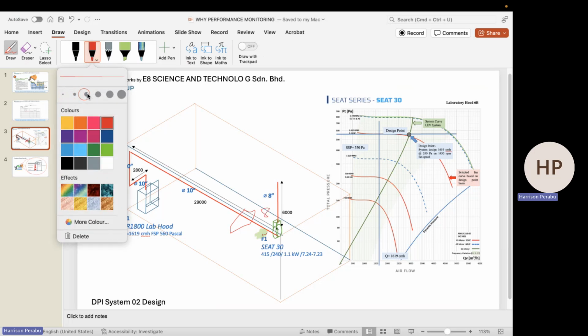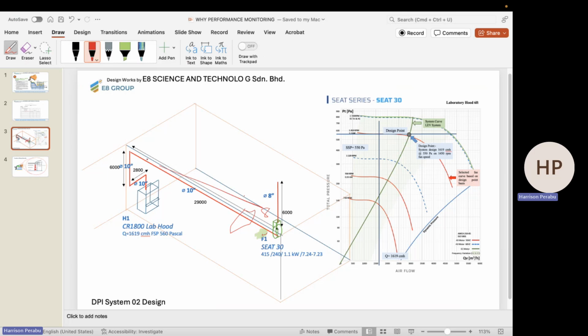Then this number will basically deteriorate, because this power is being used to overcome all the resistance, like friction of the pipe, the elbows, the fittings, and what's not, so that the system can still work to create an exhaust flow rate of about, let's say in this case, 1619 cmh, for example.